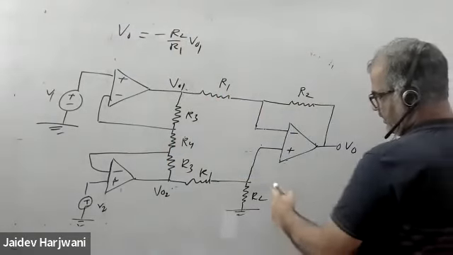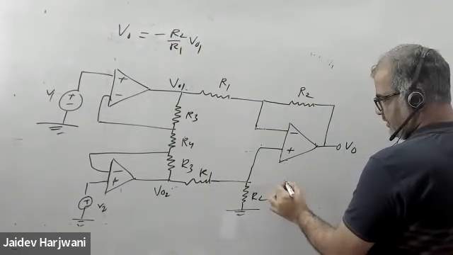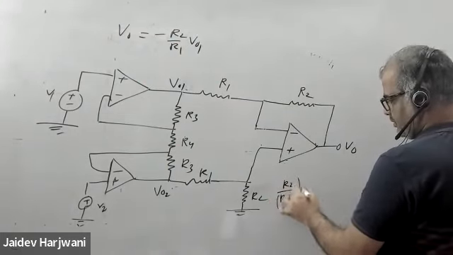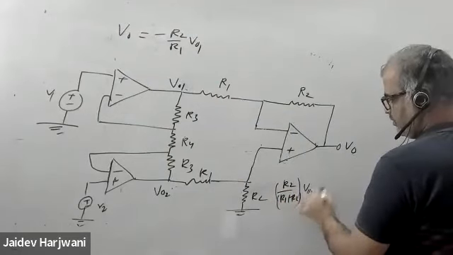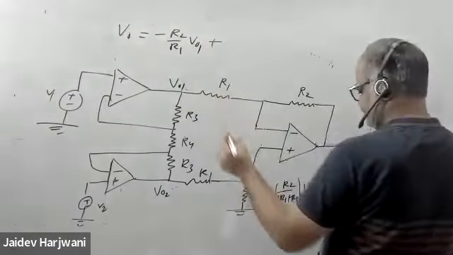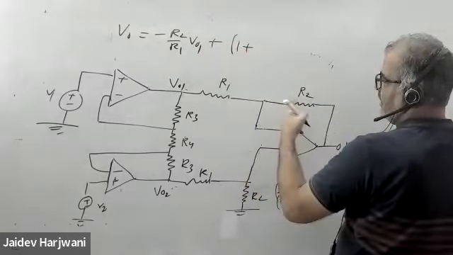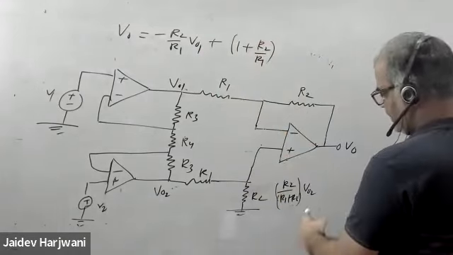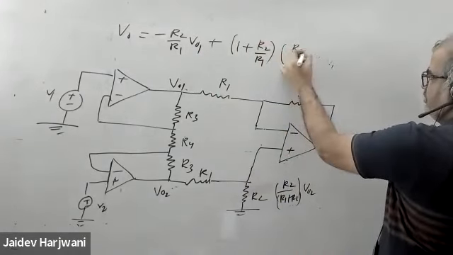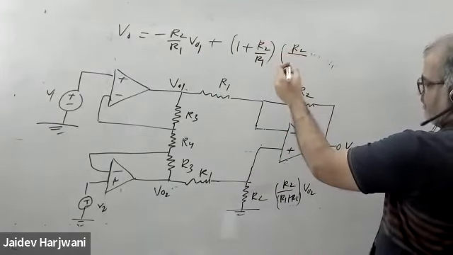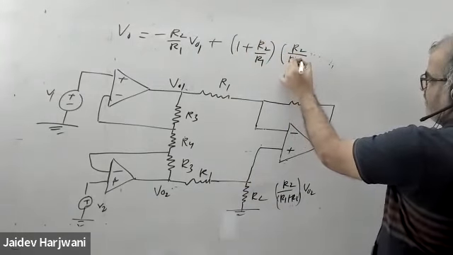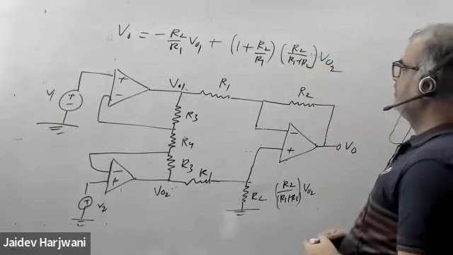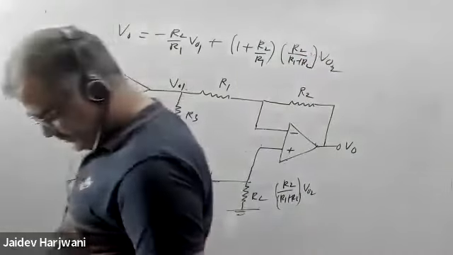Okay, and how much is coming here? Here is coming R2 upon R1 plus R2 into V02. So plus 1 plus RF upon R1, R2 upon R1, okay, and V plus is your R2 upon R1 plus R2 V02.